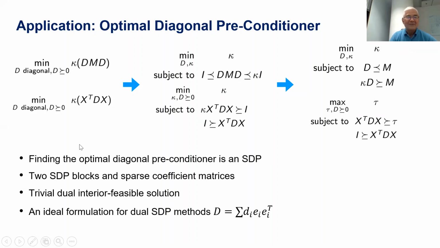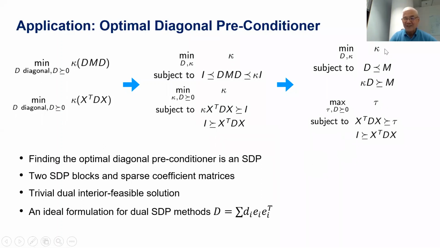If you only apply the diagonal from the inside, where X transpose is inside of the M, again you can formulate it as an SDP.